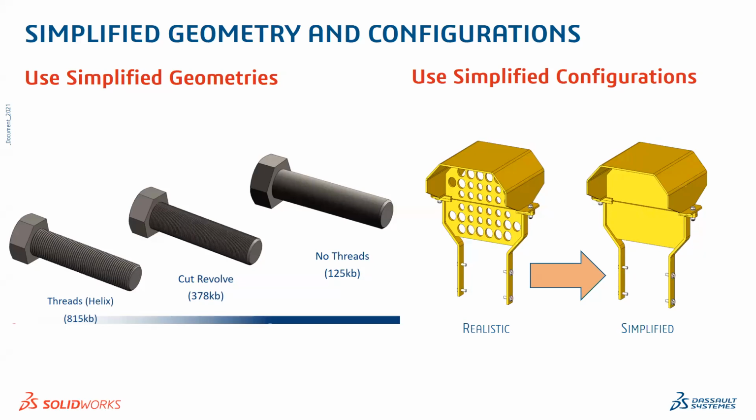When it comes to larger top-level assemblies, most of the time it is not required, so it is always good to go for simplified representations or simplified geometries. In terms of fasteners, always use our library files.